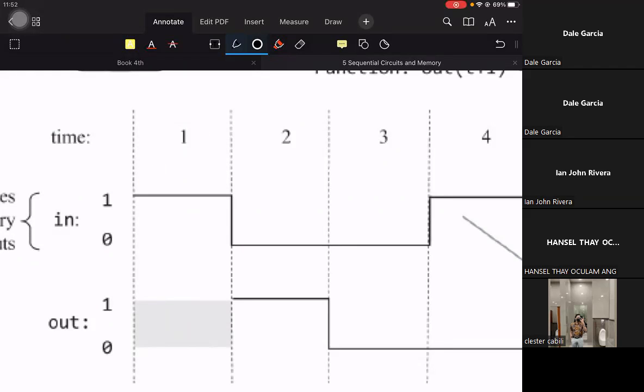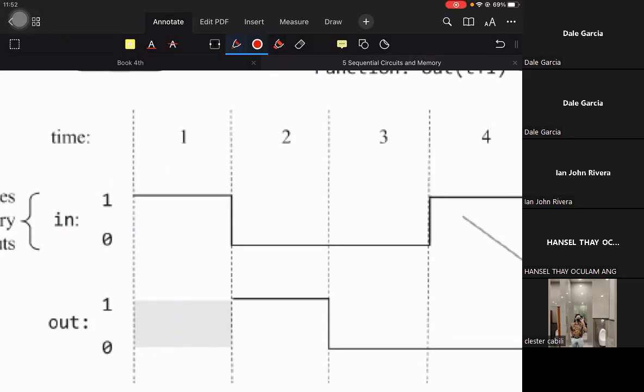If the input is 1 as stated here, what is the output? We don't know, because the present output depends on the previous input, and we don't know what the previous input was.